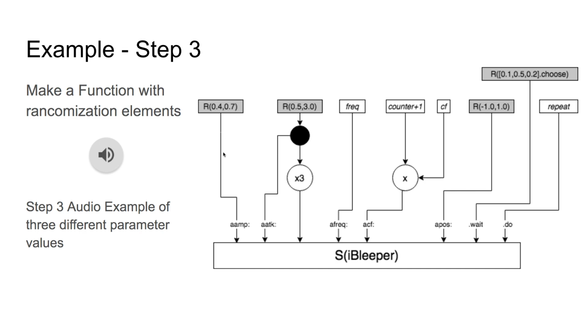So every time I run, my note could be as soft as 0.4 and as loud as 0.7. In a lot of SuperCollider, the scale goes from 0 to 1, 1 being the maximum number, or minus 1 to 1.